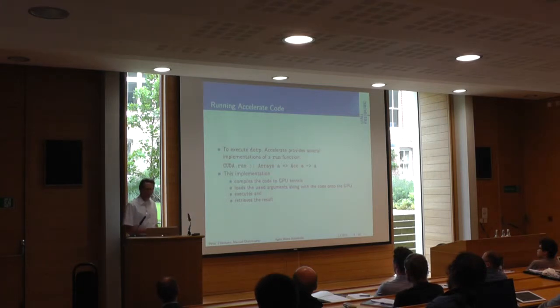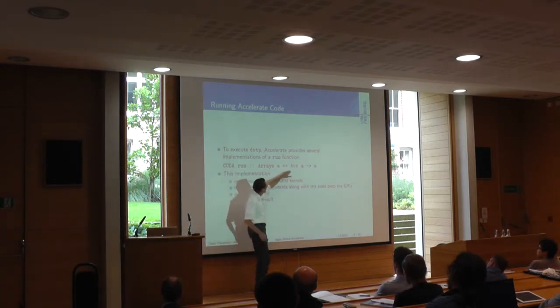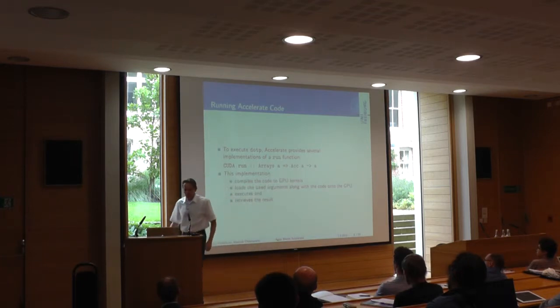To actually run it, you need one of the implementations of a run function that I already mentioned. One particular backend is the CUDA backend that uses the CUDA library to generate code, and then you pass this an Acc thing, and it just returns the value of it.